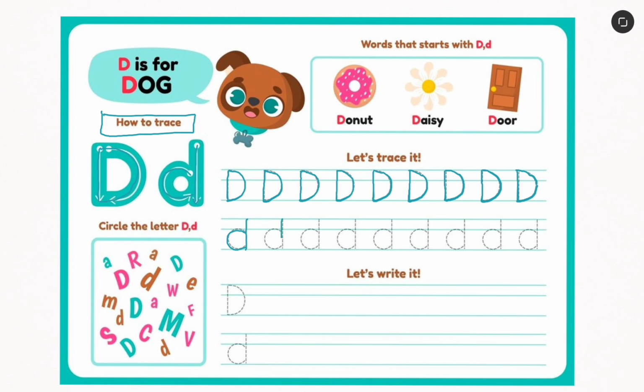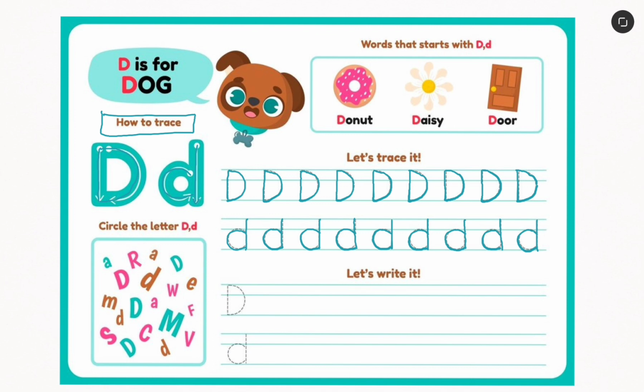So we move from top to bottom, small semicircle, and repeat this for each small d, until the last one, top to bottom and small semicircle.